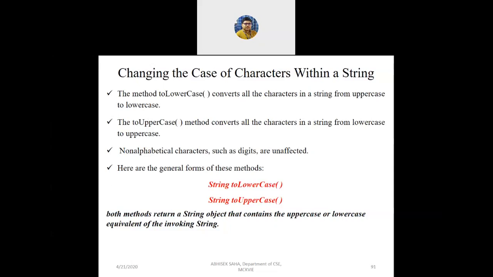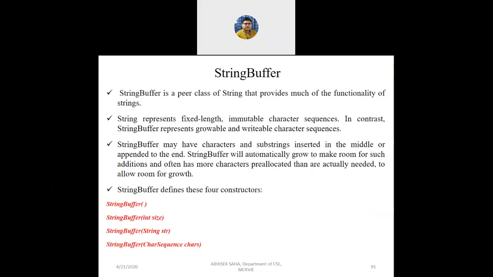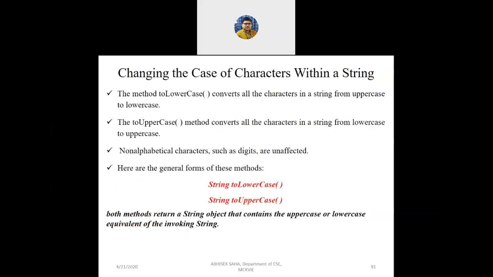Fine. Both methods return a string object that contains the uppercase or lowercase equivalent of the invoking string. So before coming to the next topic, that is our StringBuffer class, let me show an example regarding the toLowerCase and toUpperCase methods.